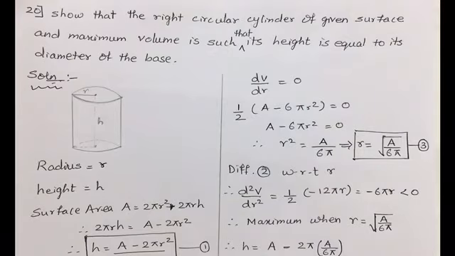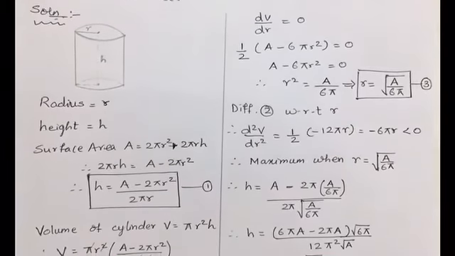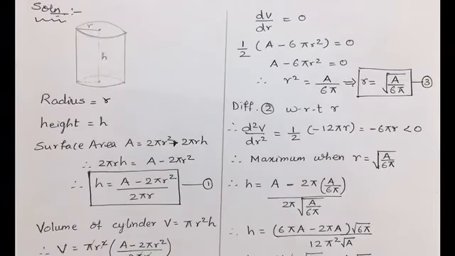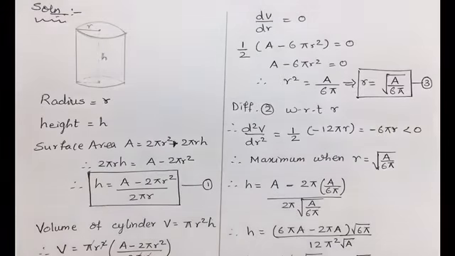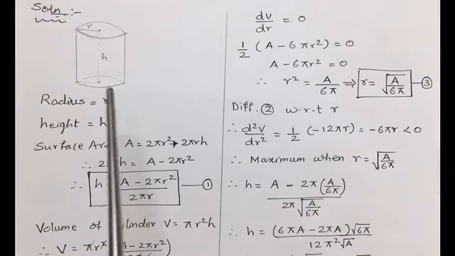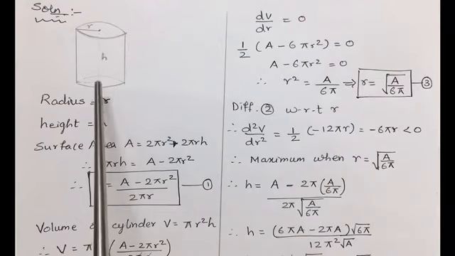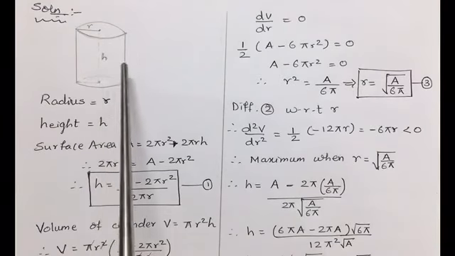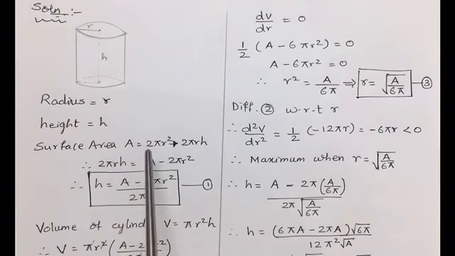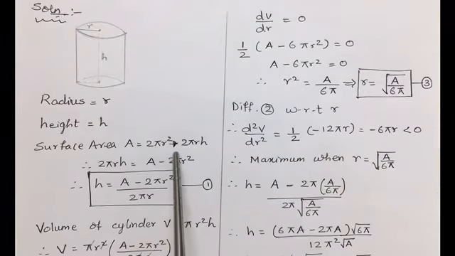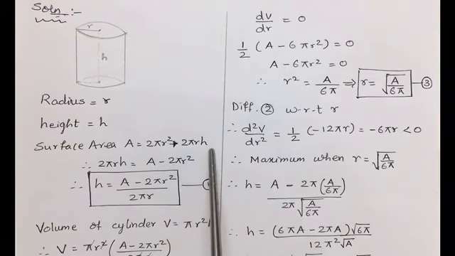Now taking up the dimensions of the cylinder as radius r, height as h. The total surface area of the cylinder is 2 circles area plus the curved surface area. That makes it 2 pi r square plus 2 pi rh.